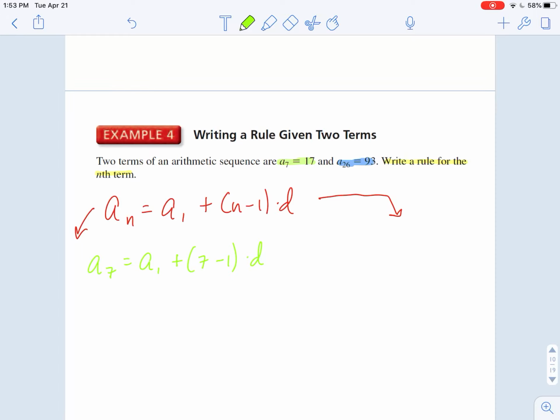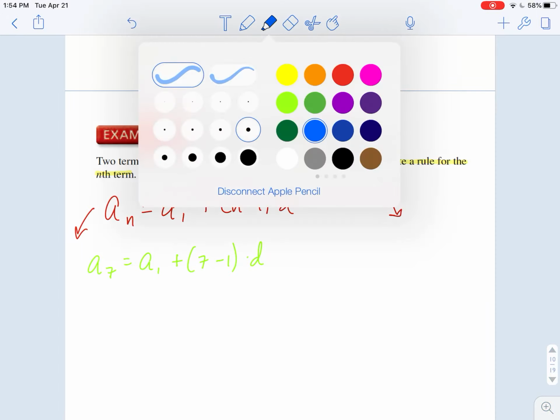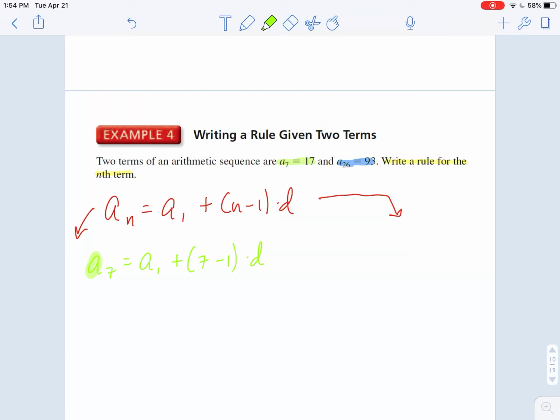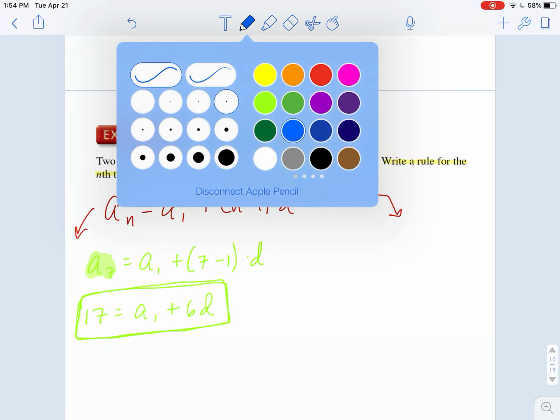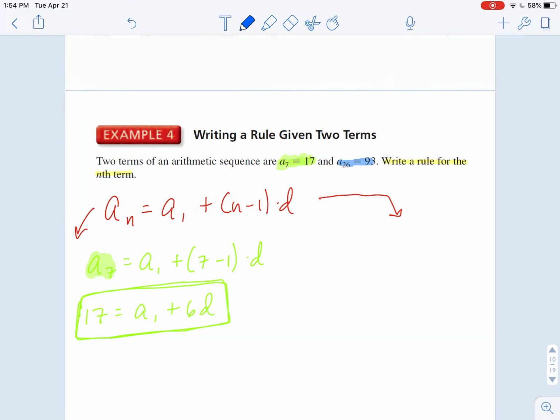Now, a sub 7, we said is equal to 17. So we can replace that now. 17 is equal to a sub 1 plus 6d. Now, this is an equation. Let's put a box around it. It has two variables.